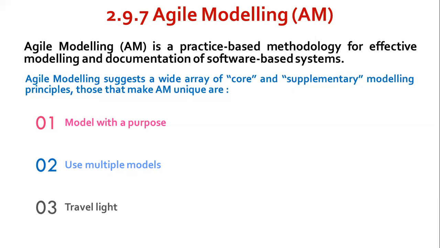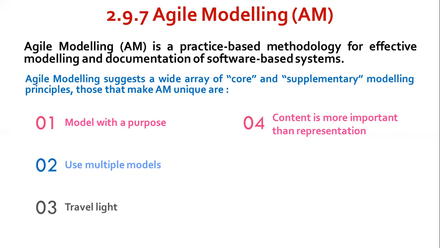So Ambler notes that every time you decide to keep a model, you trade off agility for the convenience of having that information available to your team in an abstract manner. And the fourth one is content is more important than representation.